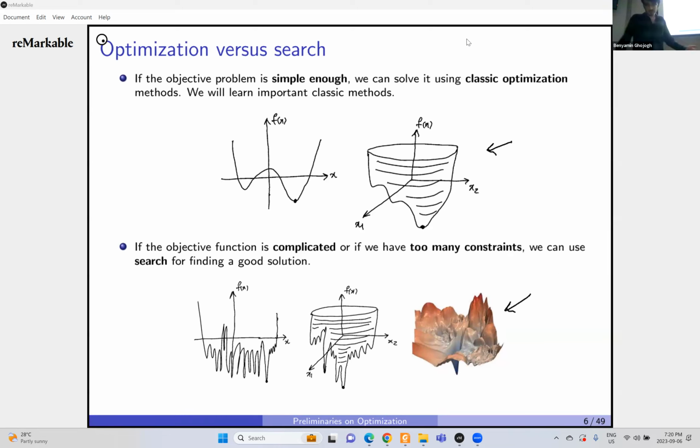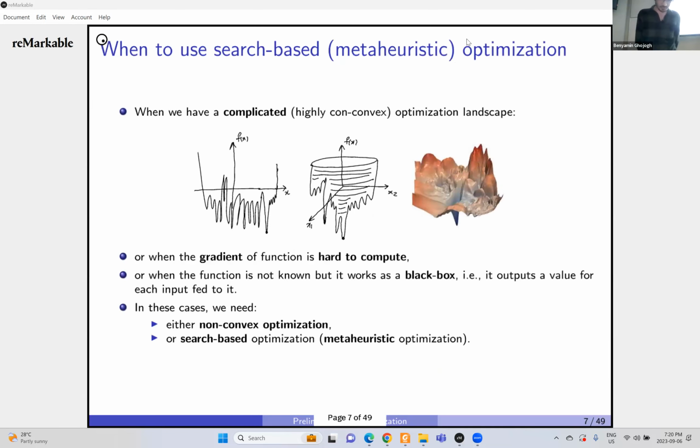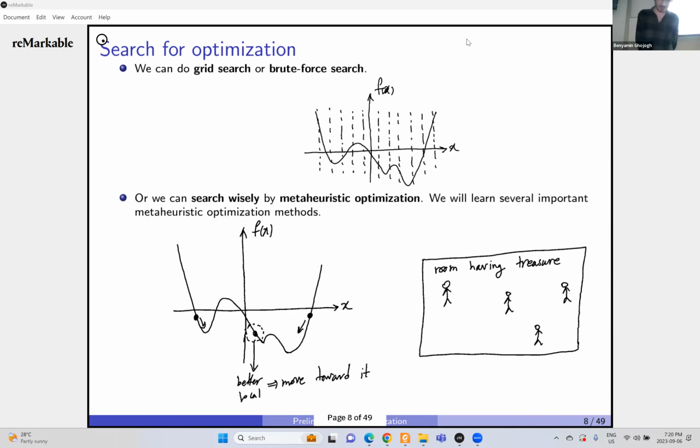Then probably you say, let me do search. But for you to do search, you need to either randomly search or do grid search. This is grid search, also called brute force search. What does it say? It says, let me have a grid of solutions and try all of them. So like this, with some step.